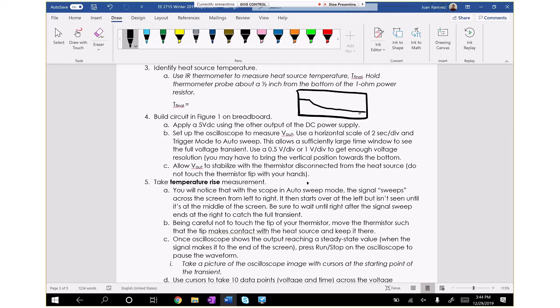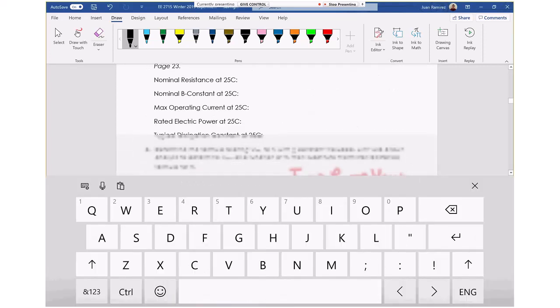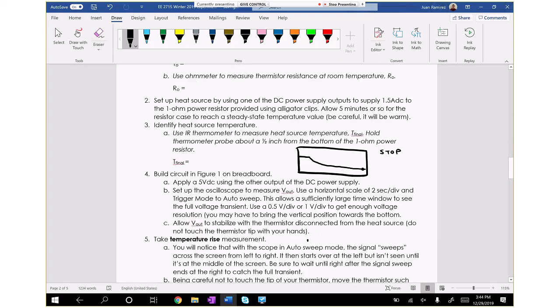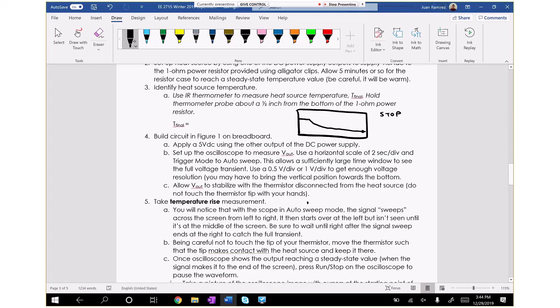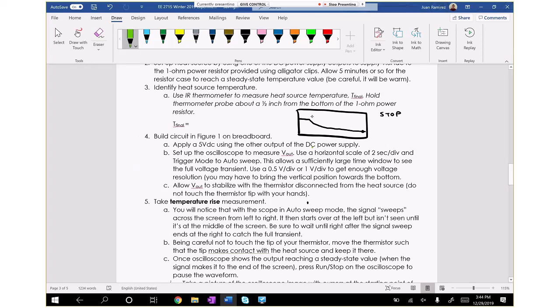So before the trace ends, you're going to hit stop so that it freezes the waveform. And then what you'll do is create a bunch of cursor values. You're going to put a cursor here and here, so that you have a voltage and a time point.